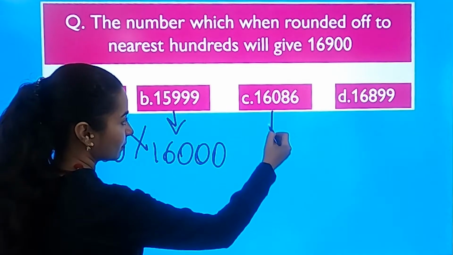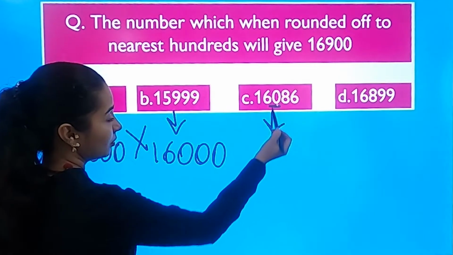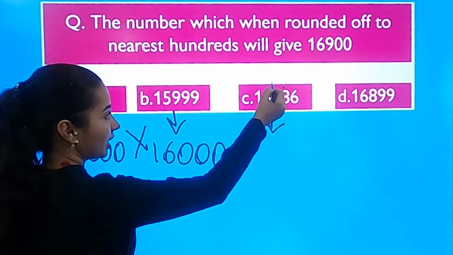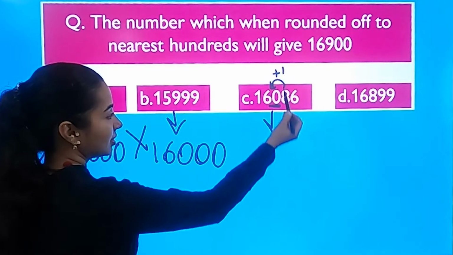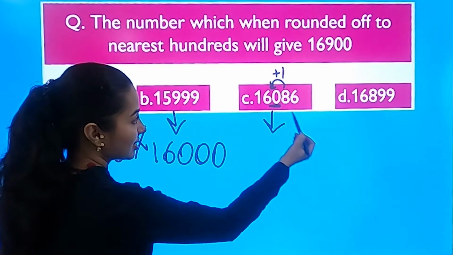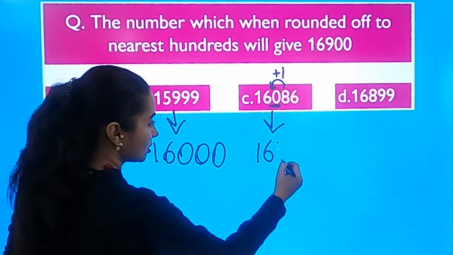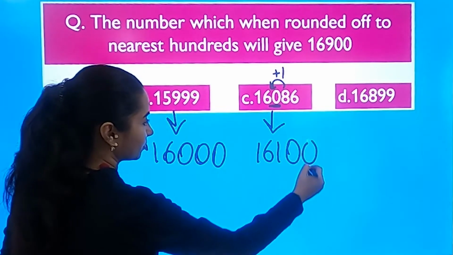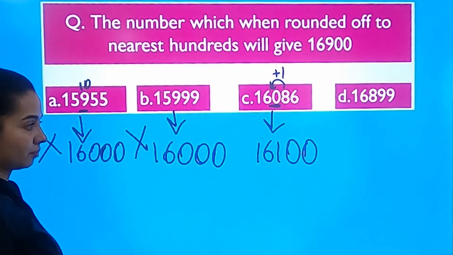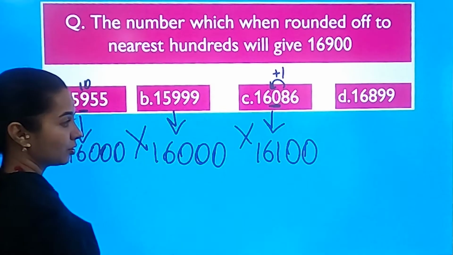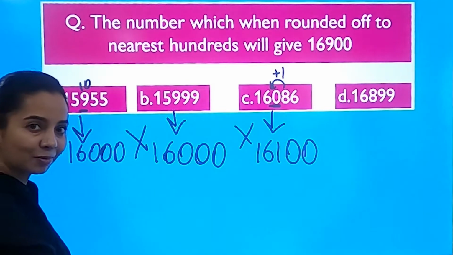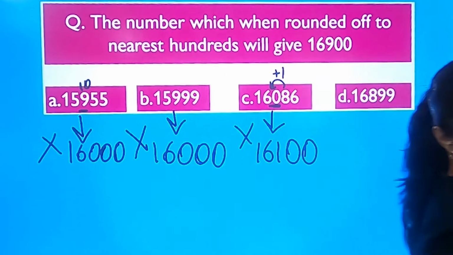What about this option? This is 0 and 1 will be added to it because the digit to its right side is more than 4. So this will be 16,100. This is also wrong. We don't want 16,100. We want 16,900.